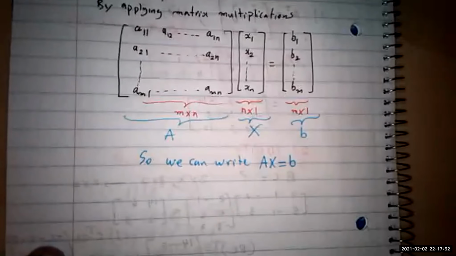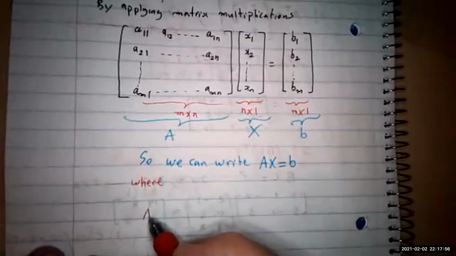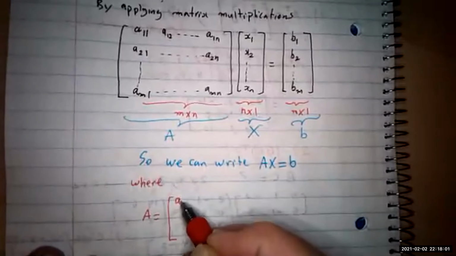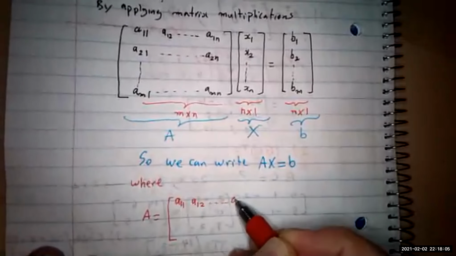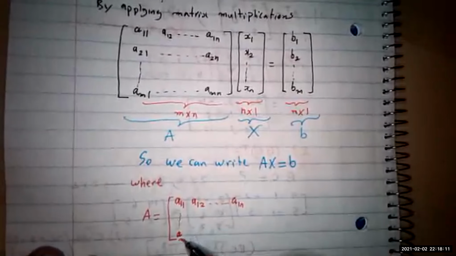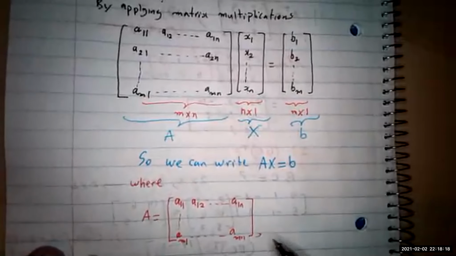That's a matrix equation where this A is going to be the matrix of coefficients, a11, a12, up to a1n, and we continue down to am1 up to amn. This is the matrix of the coefficients.